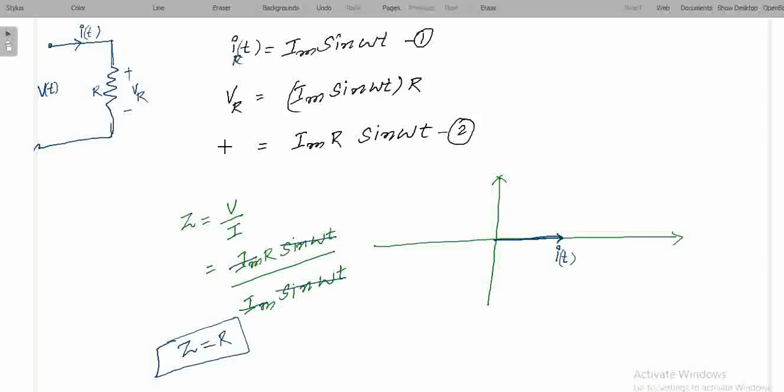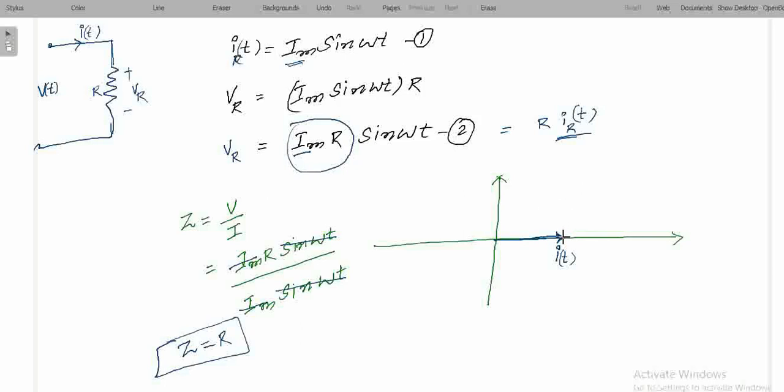Then VR of t, the voltage across the resistor, is equal to Im multiplied with R, that is nothing but R into IR of t. So some magnitude Im is multiplied with R, so automatically the magnitude of your VR increases R times.